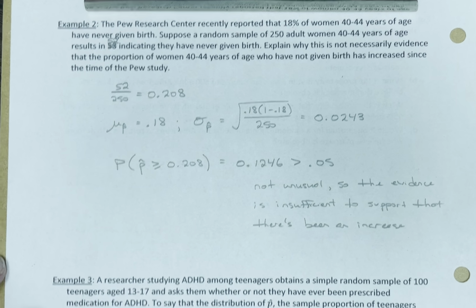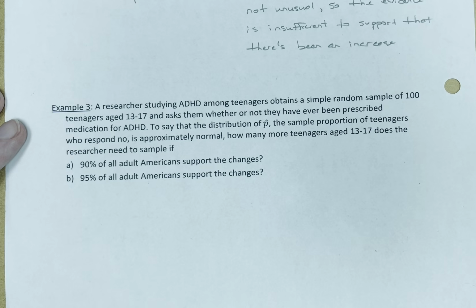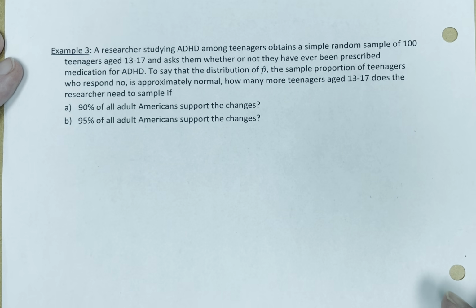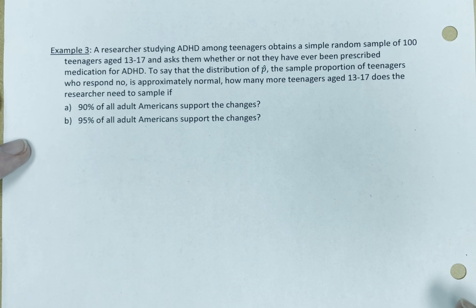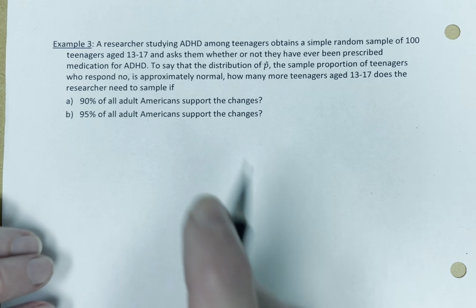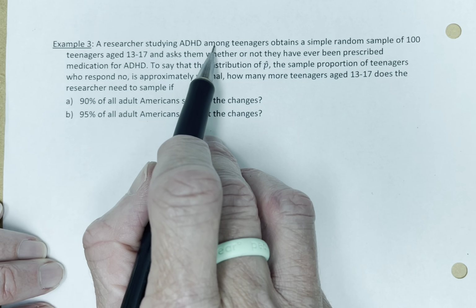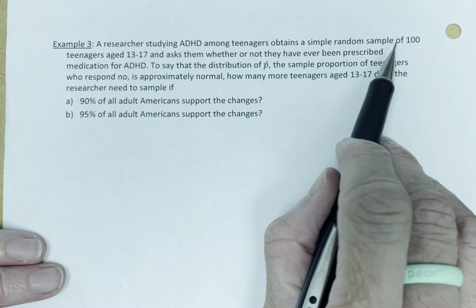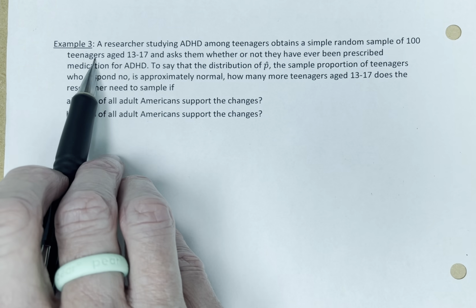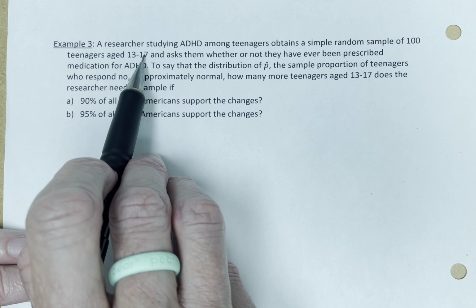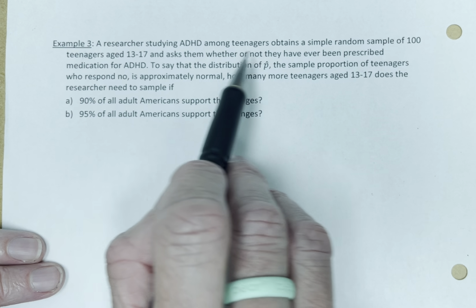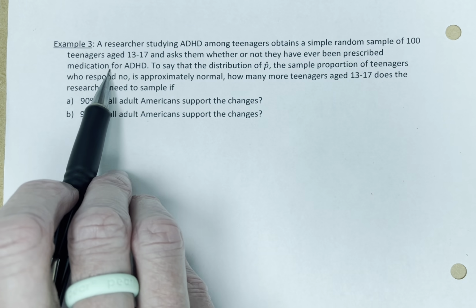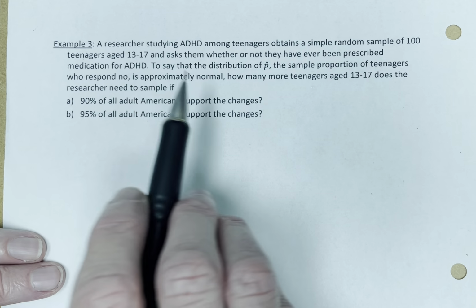Okay, last problem we'll take a look at. We'll have to deal with the size we're looking for. Let me get this up here so we can all see it. A researcher studying ADHD among teenagers obtains a simple random sample of 100 teenagers ages 13 to 17 and asks them whether or not they have ever been prescribed medication for ADHD.